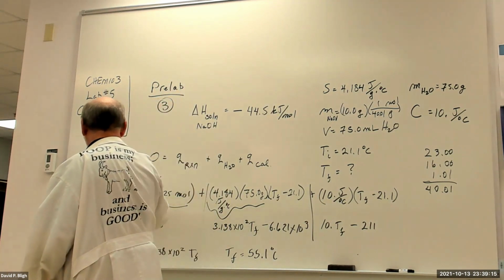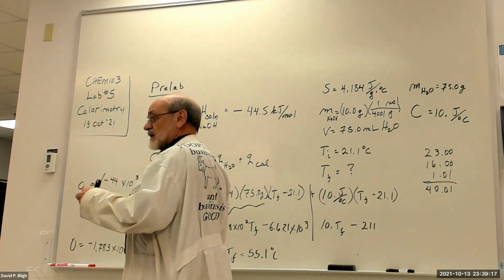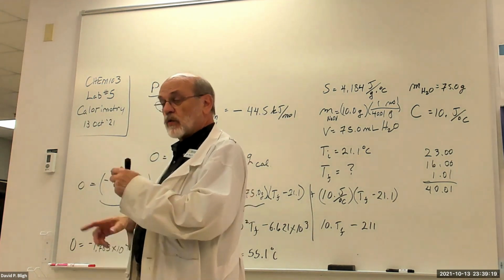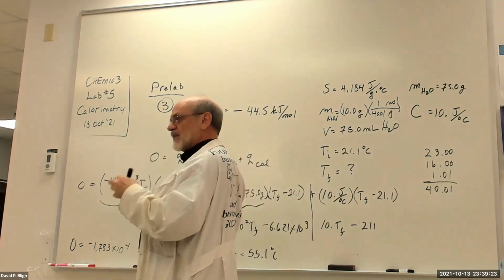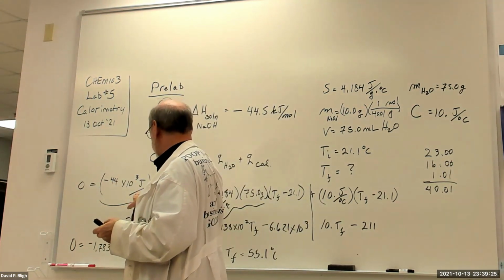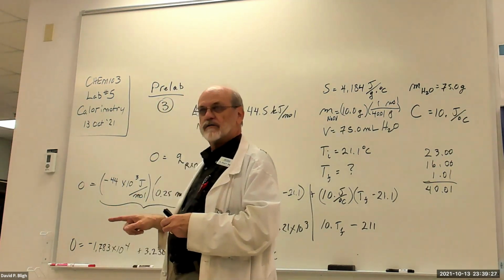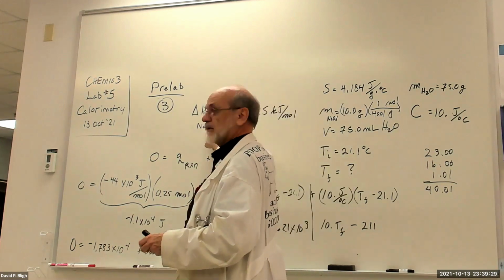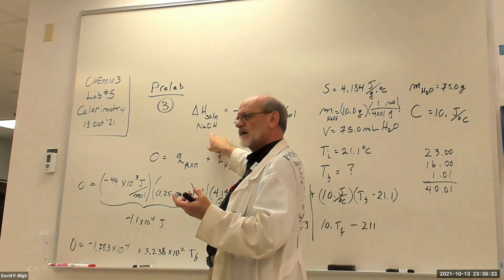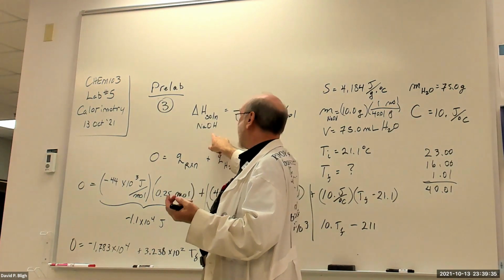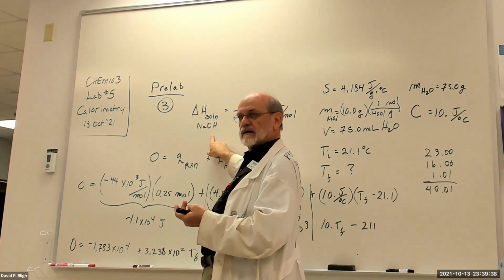Right? Eventually, you're going to work backwards the other way. You're going to find the heat that's produced by the reaction and then ratio it to the moles of your material. So instead of sodium hydroxide, you'll have sodium carbonate, and sodium bicarbonate and water.